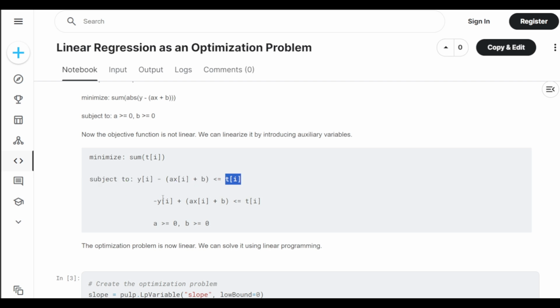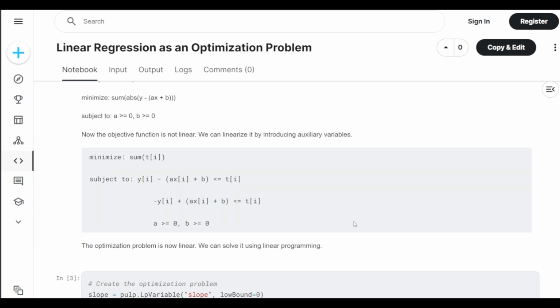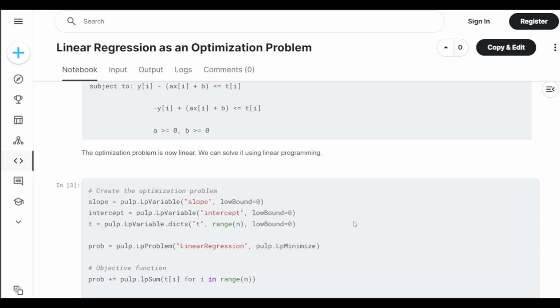So if we take this equation, we can write y of i minus (a x of i plus b) is less than or equal to t of i, and minus y of i plus (a x of i plus b) is less than or equal to t of i. Now this is a linear problem and we can solve it using linear programming.